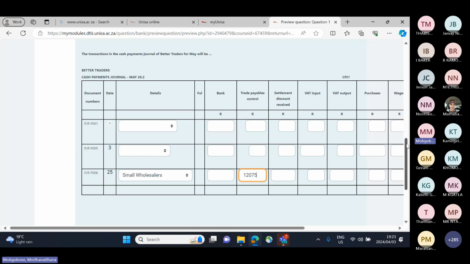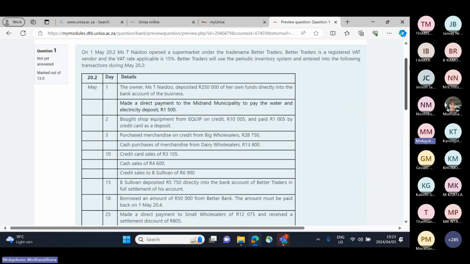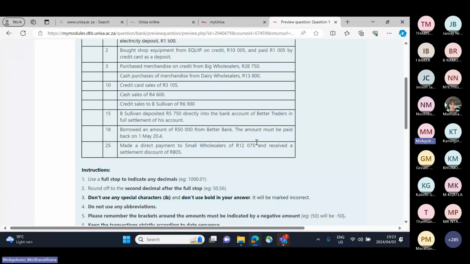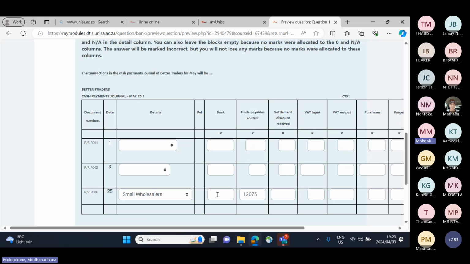We owe our creditor, small wholesalers, 12,075. Then under bank, here we record the amount excluding settlement discount received.